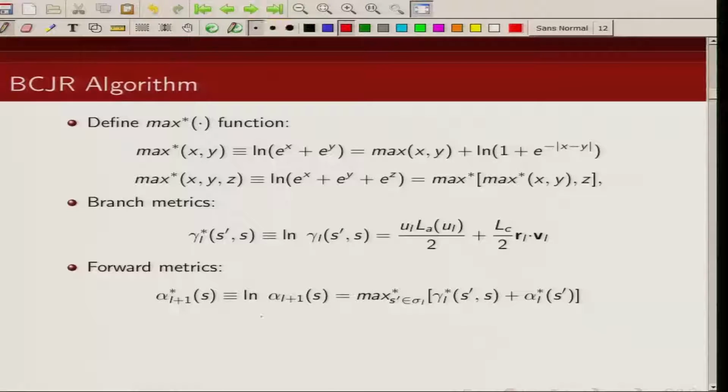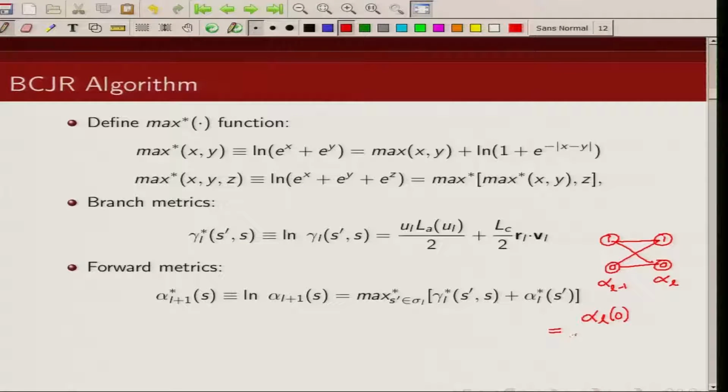Now, if you recall what alphas were, let's draw a simple trellis diagram, a two-state trellis. This is alpha at time L minus 1, this is alpha at time L, and let's call this state 0 and this state 1. Let's say I want to compute alpha at time L for state 0. What is it equal to?